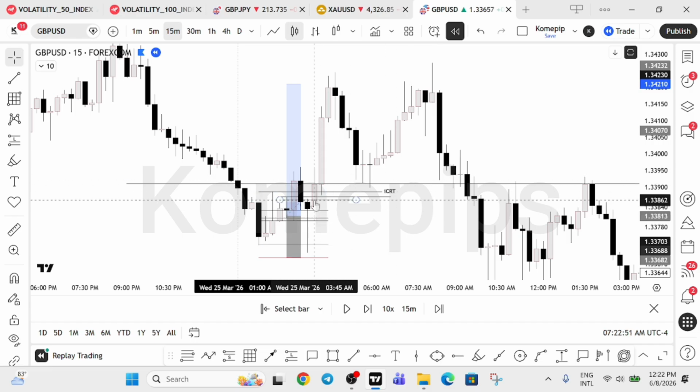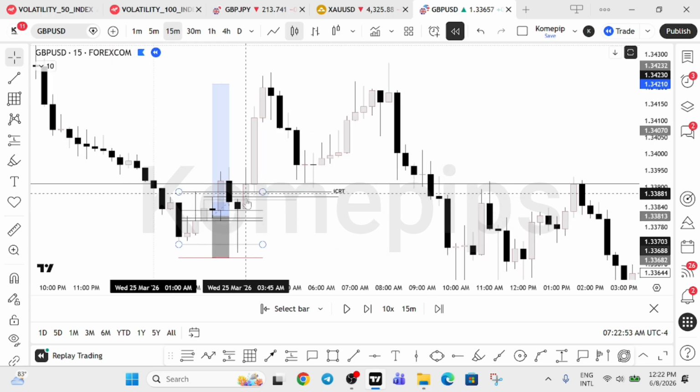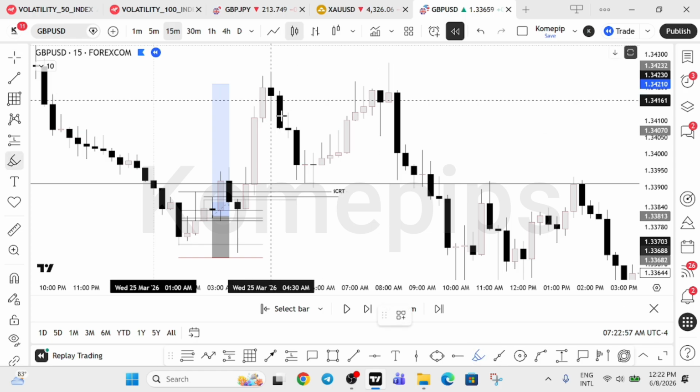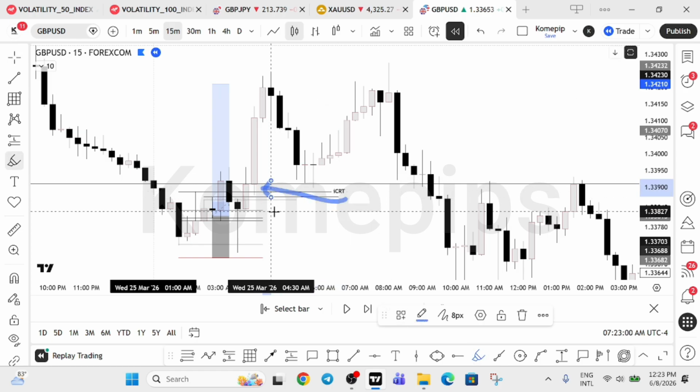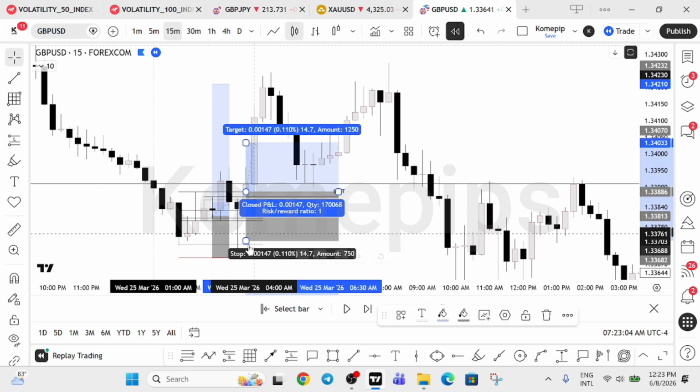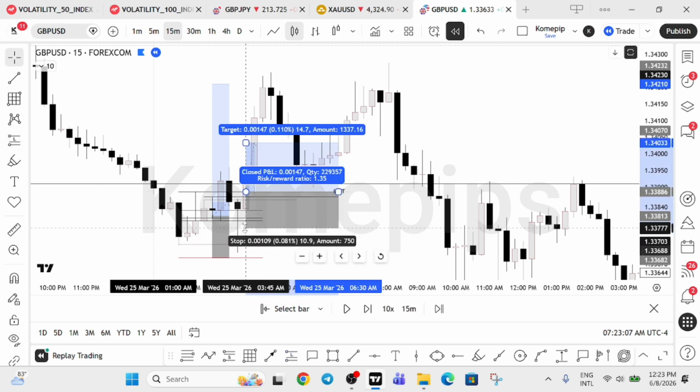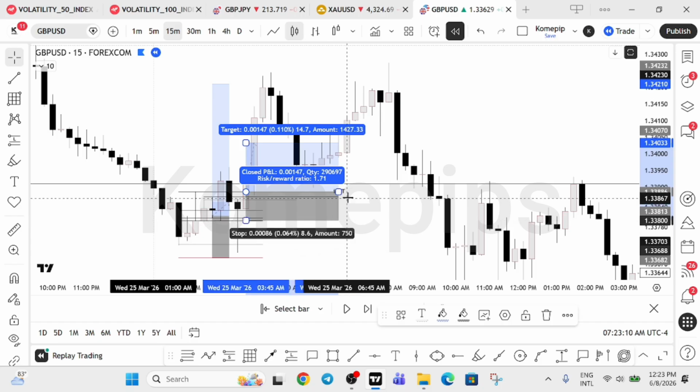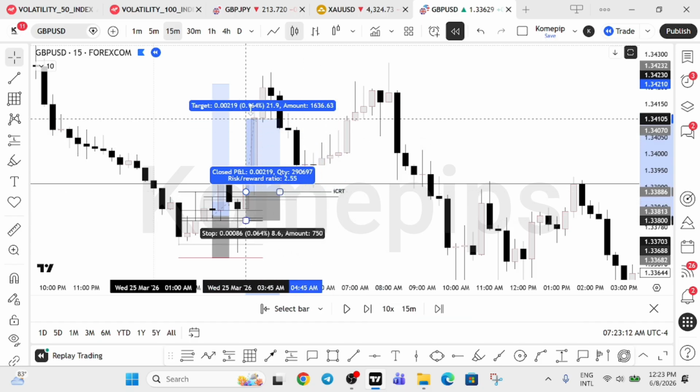So in this case, we have a decisional level right here that is colliding with the Komepips ICRT, and you see instant rejection from there. And the most important thing is this: usually you experience momentum on the chart. That's the power of the Komepips ICRT.